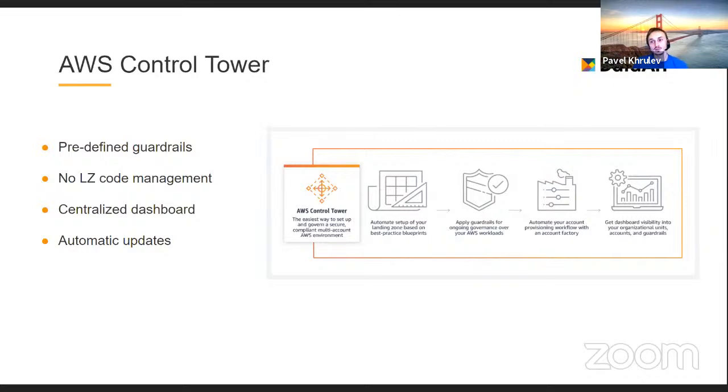Then you probably have to refactor some things because you probably customized this a bit. And updating the landing zone to always use actual, relevant best practices actually becomes a pain to maintain. AWS Control Tower manages this code for you, and you get automatic updates. You can just click the button, and all baselines, all guardrails, all best practices are updated just for you.